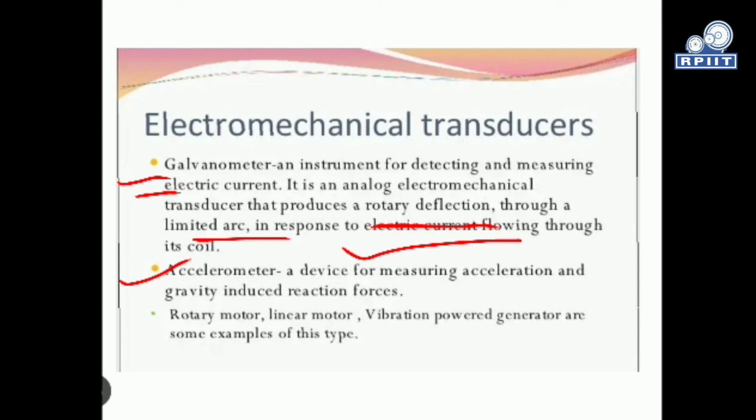An accelerometer is a device for measuring acceleration and gravity-induced reaction forces. Rotary and linear motors and vibration-powered generators are examples of this type of electromechanical transducer.